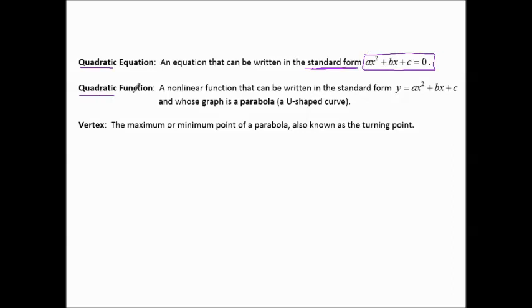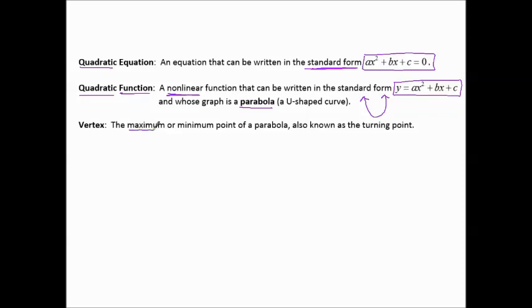A quadratic function is a nonlinear, so it's not a line, that can be written in the standard form y equals ax squared plus bx plus c, and whose graph is a parabola or a U-shaped curve. A parabola is going to look something like this. That's my parabola shape.